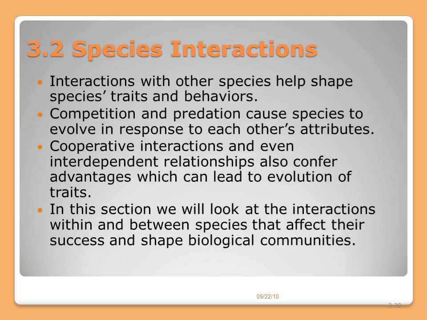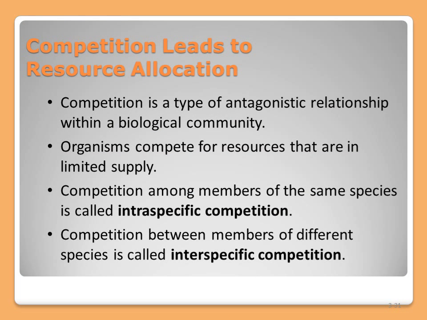So in the next section, we're going to look at the interactions between species that affect their success and help shape these communities. As we talked about, any animals who have a similar niche in an ecosystem or have similar needs, similar areas where they go, similar foods they eat, are going to compete with each other. And competition is a type of relationship within a community.